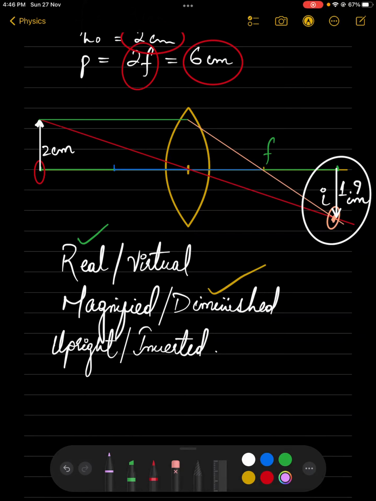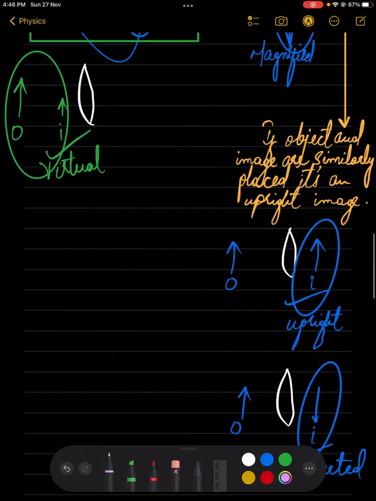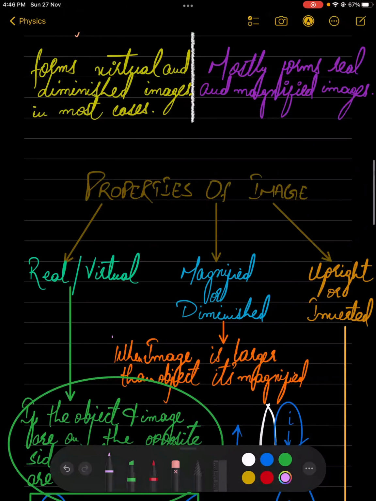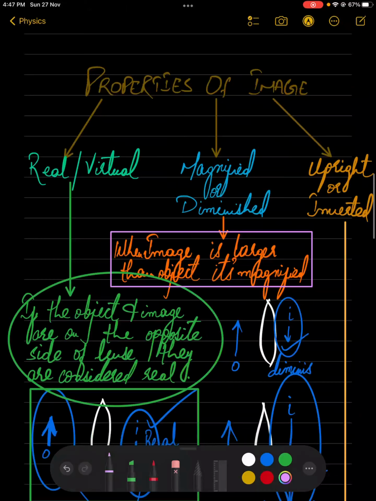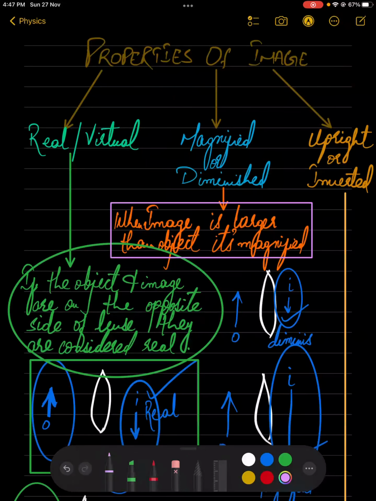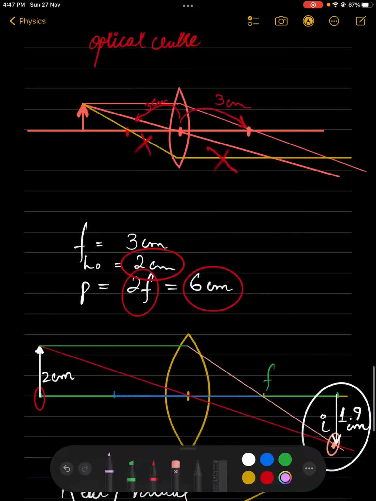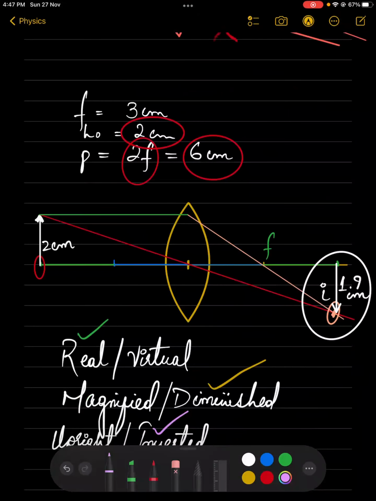Anyone having any idea? Inverted. Very good. तो magnified diminished की condition देखते हैं यहाँ पर. It was saying that if you have the image which is larger than object, it's magnified. Otherwise it would be considered as diminished. तो आपकी जो image बन रही है that is smaller than your object. Object was 2 centimeter, image is 1.9, तो आप इसको diminished consider कर लेंगे.